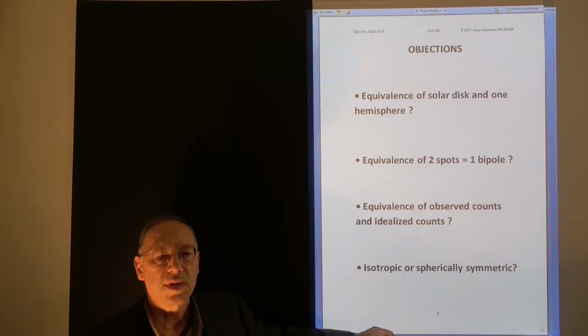However, it is proposed here that in the long term, statistically over many sunspot groups, this equivalence has to be statistically verified.